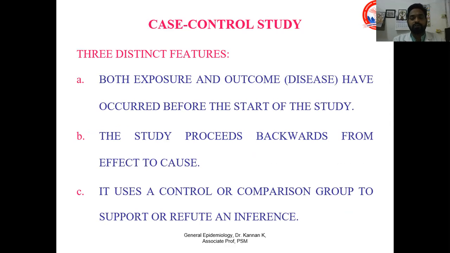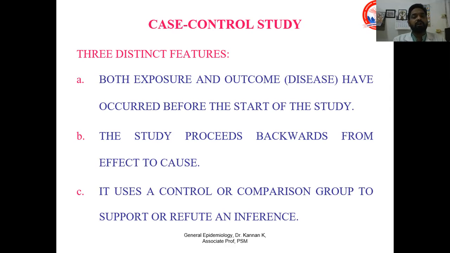Both exposure and outcome are already there in the study participants. The study proceeds backward, from effect to cause, whereas usually it is cause to effect, which is prospective. Here we do it in the opposite manner, effect to cause. After the disease has occurred, we find out what the causes of the particular disease are. So it is retrograde.